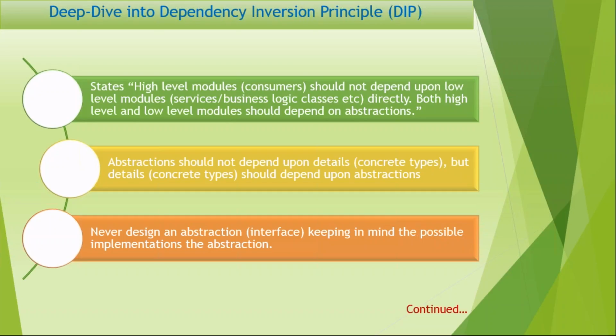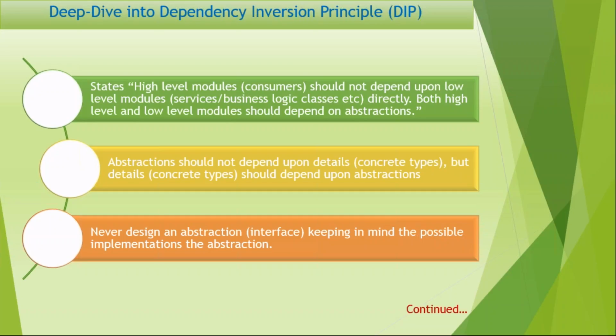What is this dependency inversion principle? High-level modules should not depend on low-level modules directly. Both high-level and low-level modules should depend on abstractions. Here, high-level modules are nothing but consumers. Low-level modules are nothing but logic providers. Let us say you have a user interface and you have a service layer.